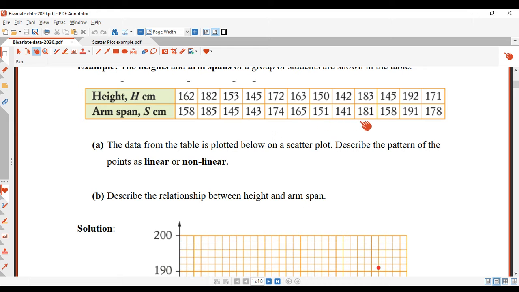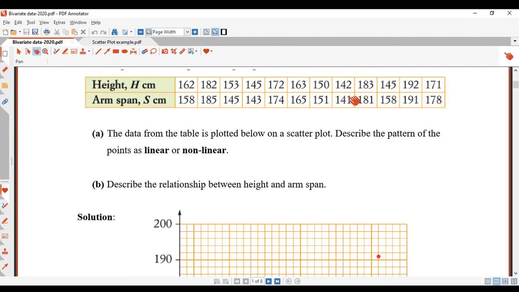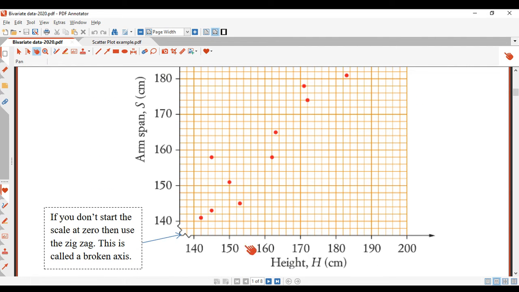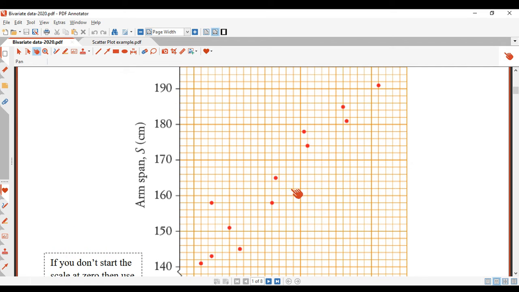That will be maybe about this one here, 142 and 141. All right, so each dot on the graph represents a set of coordinates from the table. So 142, 141 would be this one here. All right, so there's our scatter plot.